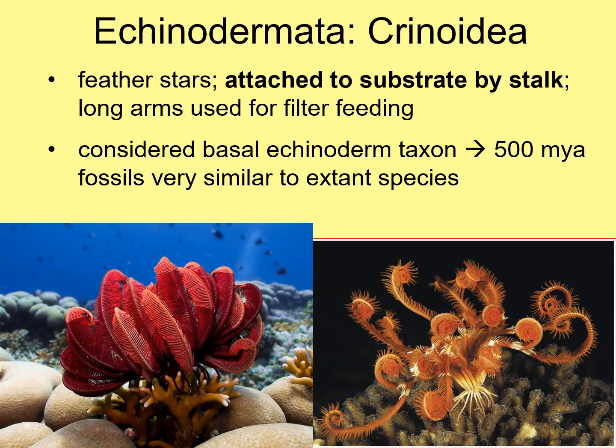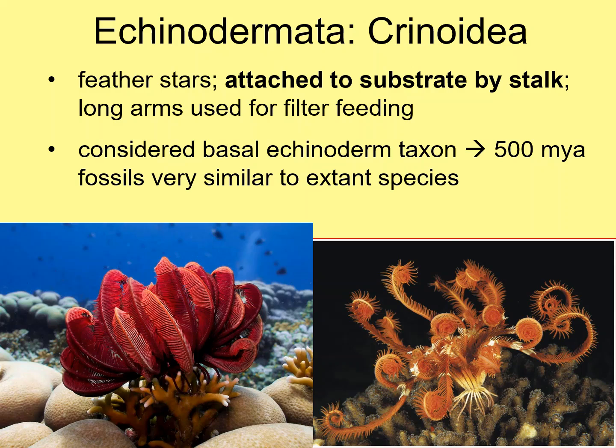So clearly they have a body plan and a lifestyle that works for them, and they have been very successful in the past. They are much more rare today, and that may be due to changes in our living communities, or changes in climate, or just a number of possible factors. So crinoids are also known as feather stars.